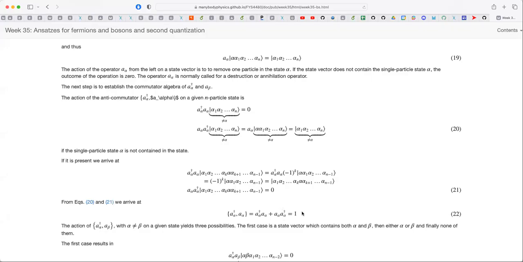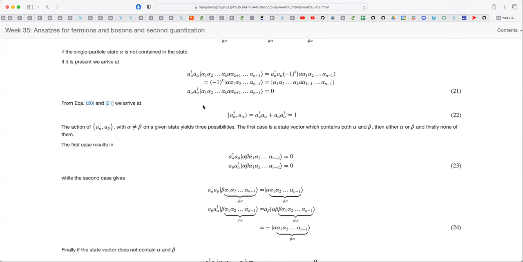So this is still some of the material from last week. And so what we have then is now, if we take these two relations here and we just add them, we see now that the first state which we have here, if alpha is contained, just gives the same state back again. And if I act with this one on a state alpha, which is already occupied, this is 0.